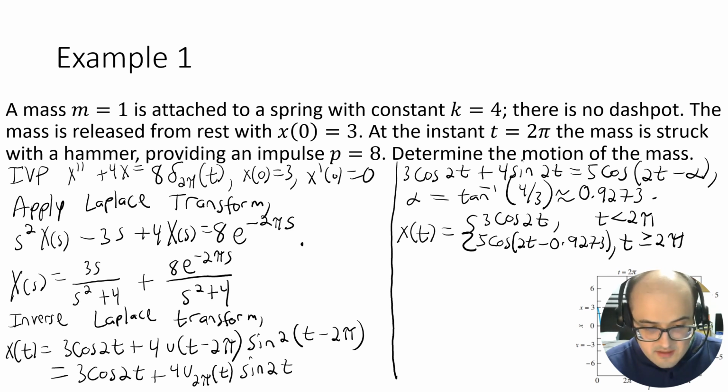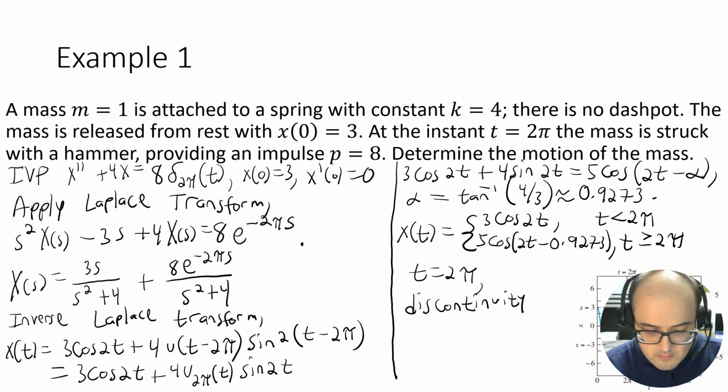So when t is equal to 2 pi, we have a discontinuity in velocity.